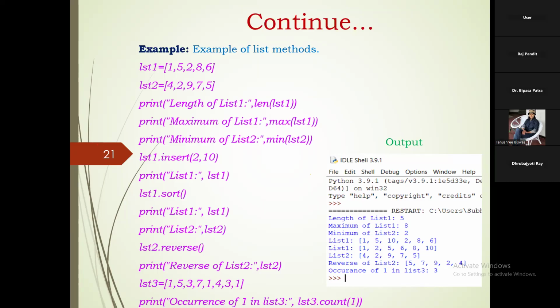Today I'll give my PPT, and in the PPT so many examples are given. If you write these examples in your IDLE shell or Google Colab, you get the output, then you can understand line by line what is the impact of each command.